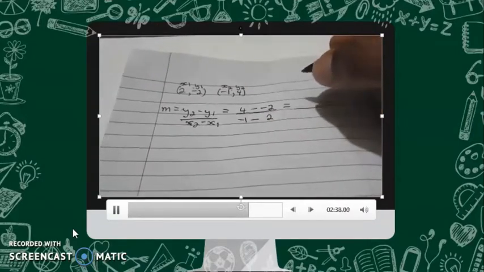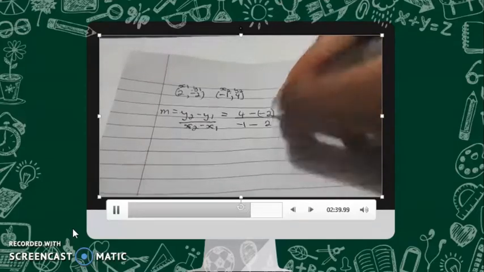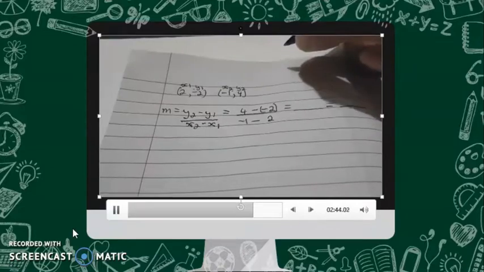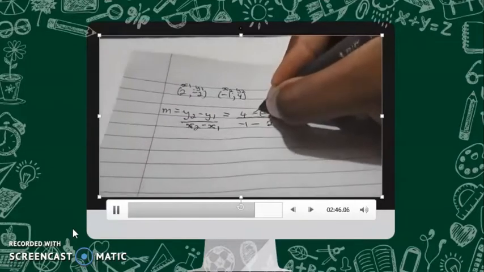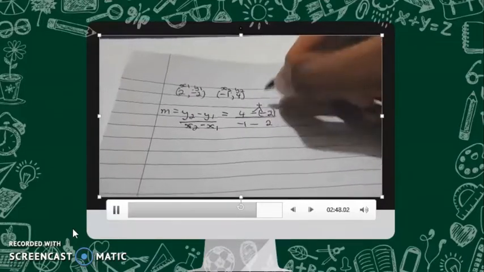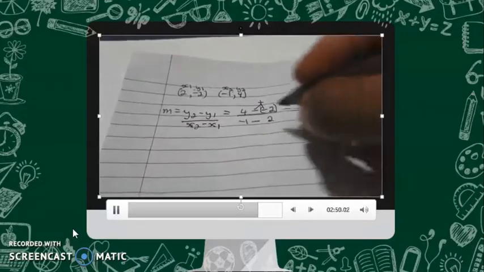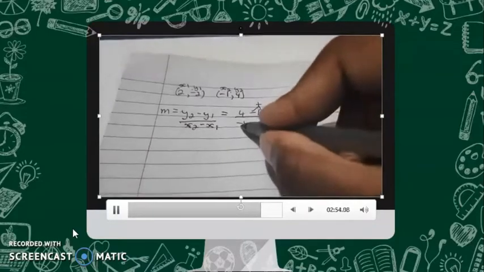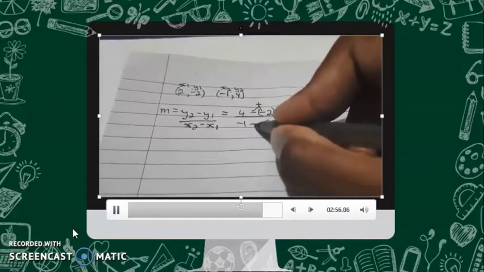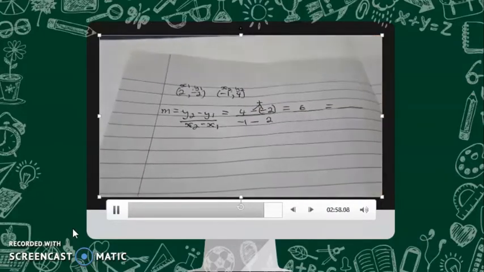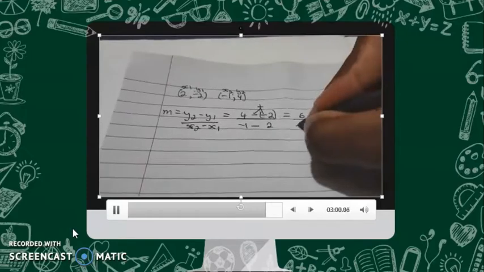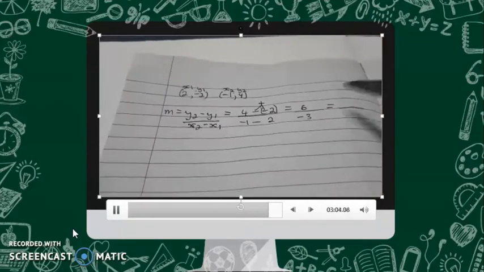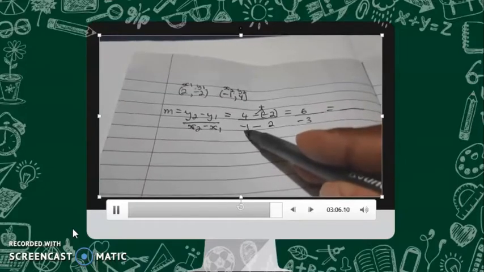Alright, so let's calculate. So we have 4 take away -2. So remembering the integer rule, once you have 2 negatives, you have a positive, which is you're going to add. So 4 plus 2 give you 6. Then you have -1 take away 2. So on the number line, you're at -1, decrease by 2 makes you get -3.